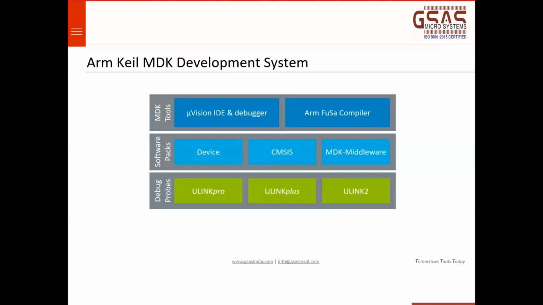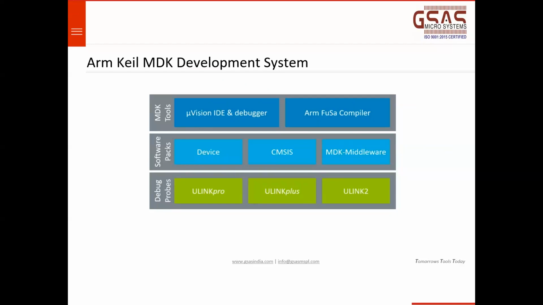ARM gives middleware stacks for higher end communication peripherals like USB host, device, networking, CAN, or if you want to create a file system in the system flash, onboard flash or external flash, or RAM or external RAM. For all those, ARM has given middleware stacks, and MDK middleware comes as part of it.